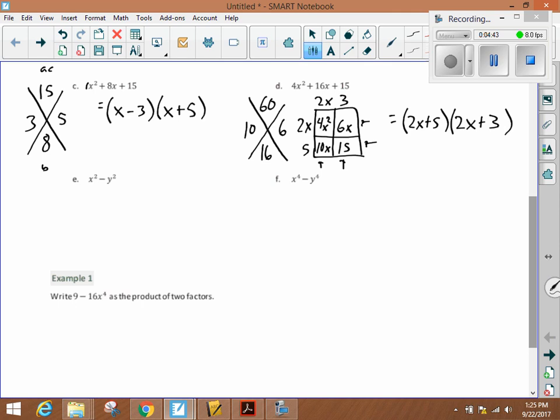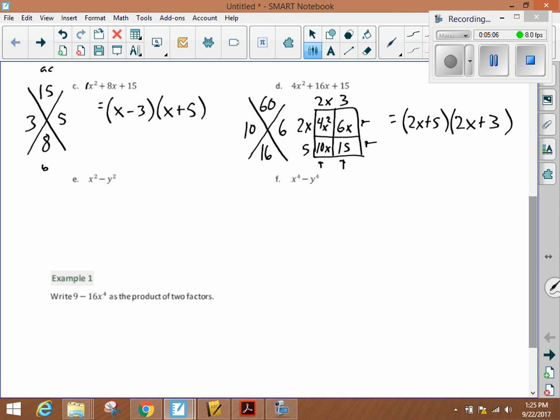We should all be experts at that by now. Let's see, what's similar about that? Well, it looks like those two are the same. Between C and D, they look very similar. We have a coefficient of 2 out in front of my x's in my binomials. Interesting. All right.